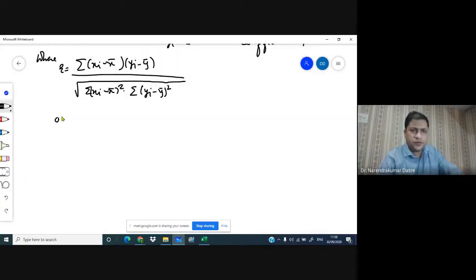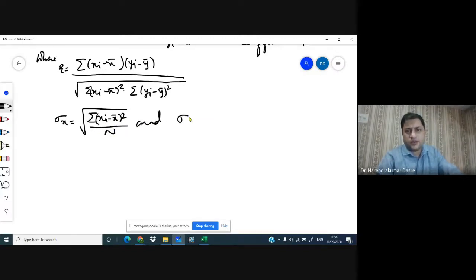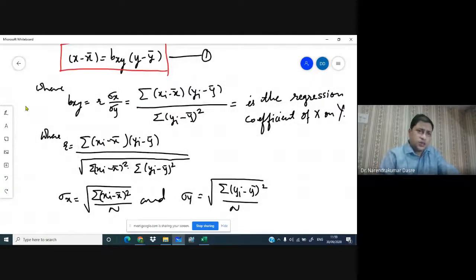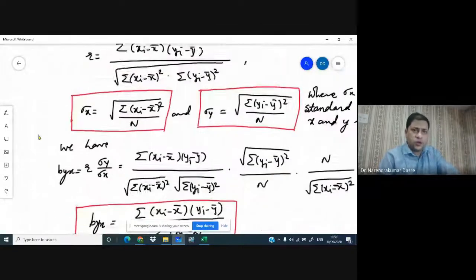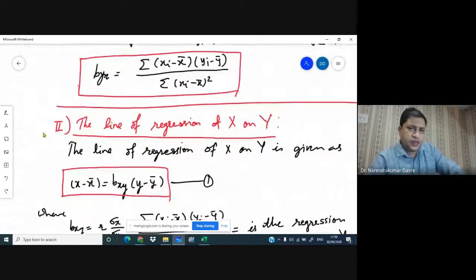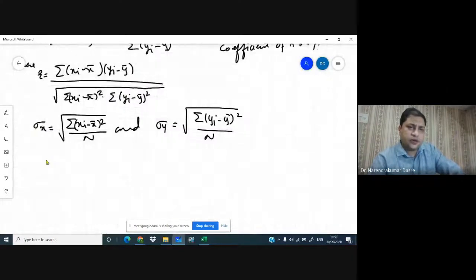We have sigma x is equal to square root of summation xi minus x bar bracket square upon n, and sigma y is equal to square root of summation yi minus y bar square upon n. Using this, we are able to write the line of regression, and we are able to find the line of regression of x on y and y on x.